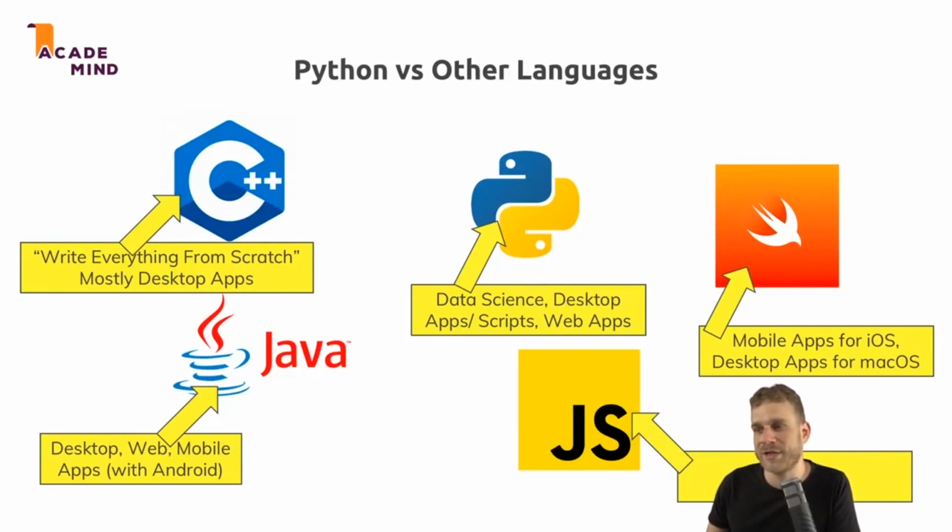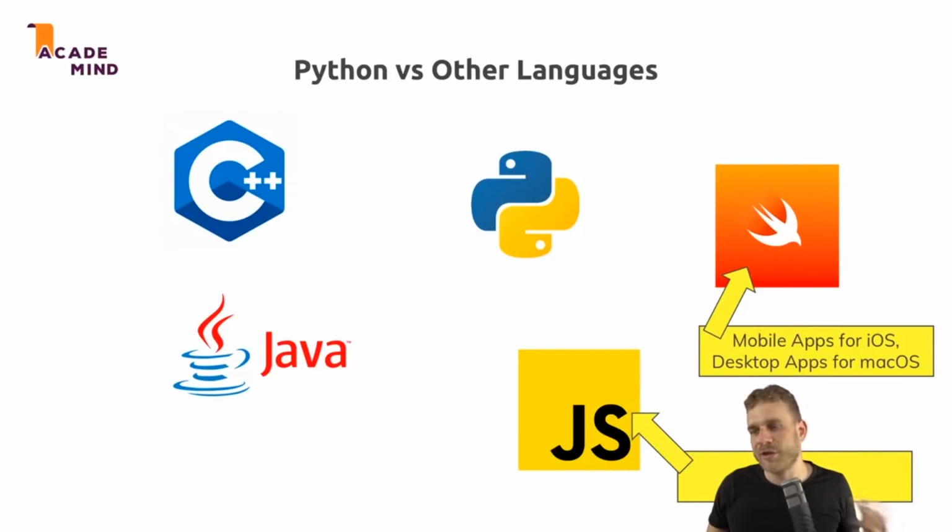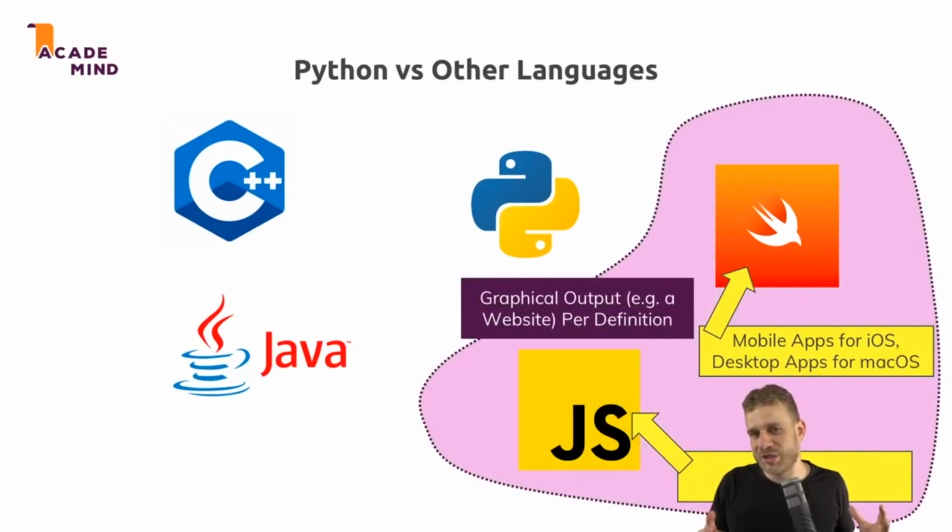It's also important to recognize that only the two languages here on the right, Swift and JavaScript in this example, have a UI attached to them. By definition, these allow you to build things where you see something with a nice UI relatively fast, because you're either building mobile apps or you're building websites, and both lead to things you can see, you can touch, you can use. Other languages like Python, C++, and Java are more on the build the logic part, less on the presentation part, and therefore you can add UIs to them, and we will in this course.